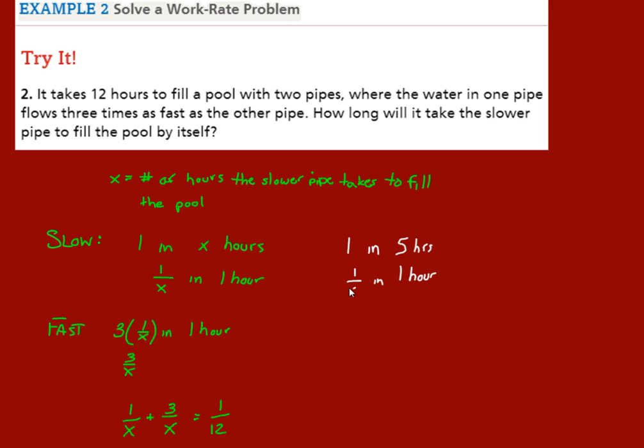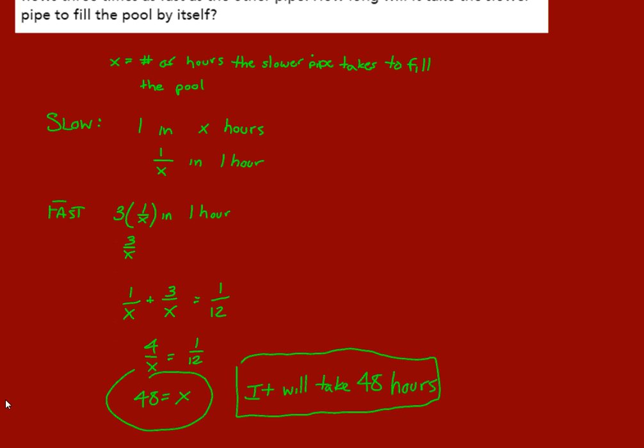This one's 3 times as fast. This is not our actual data, so I don't want us to get confused. This is 3 times as fast, so it's going to be 3 times the slow pipe. We add them together, we cross multiply, and we get 48. That's how you do that. We'll look at another one of those for sure, because those are really good application problems.